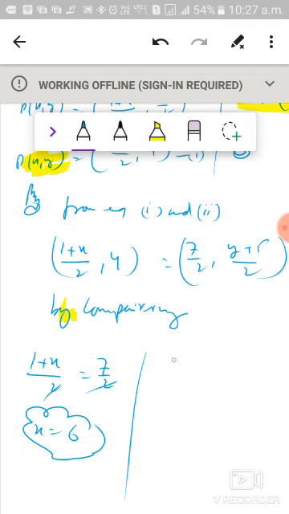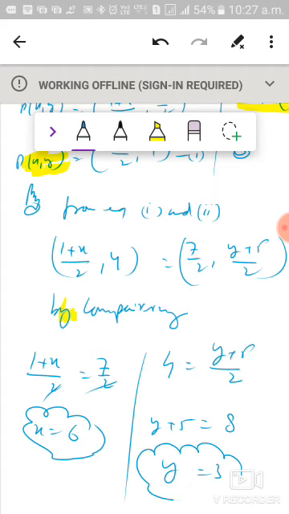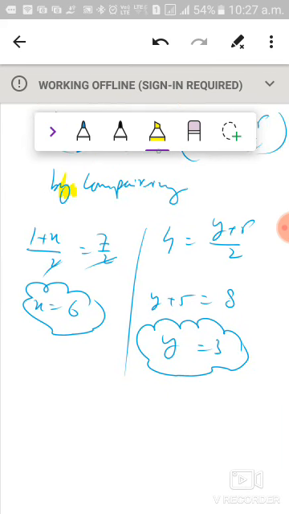And comparing y coordinate, 4 equals y plus 5 by 2, so y plus 5 equals 8, so y is 8 minus 5 is 3. Okay, so these are the values of x and y. So x is 6 and y is 3.